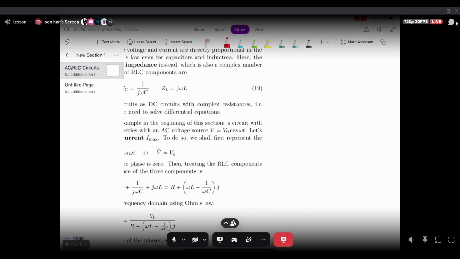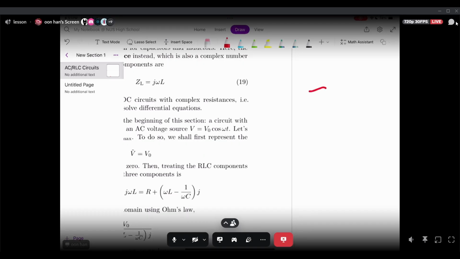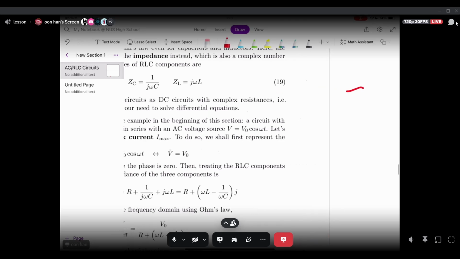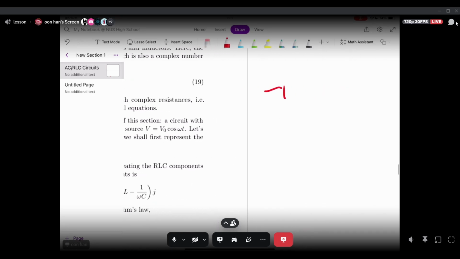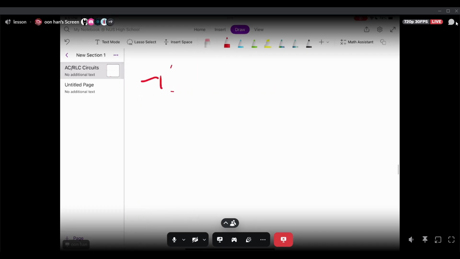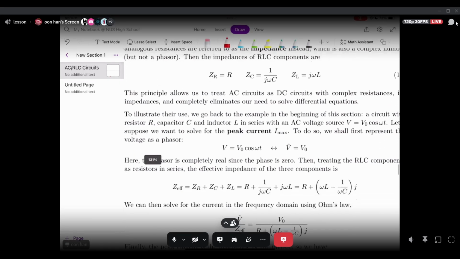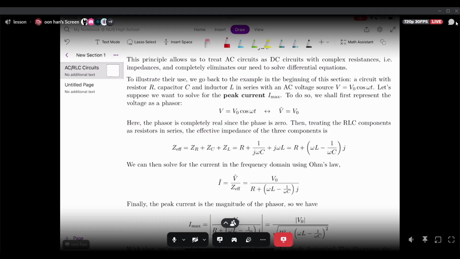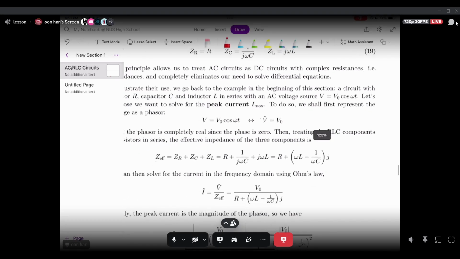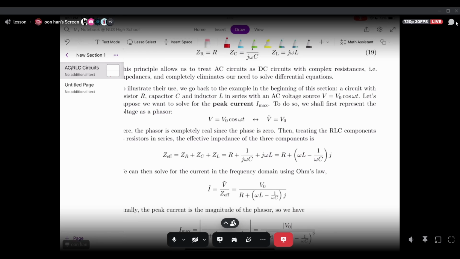Let me try to draw the diagram now. So let's go back to our original example. Just imagine you have an AC voltage source with time variance like this, and you have a resistor, inductor, and a capacitor in series.